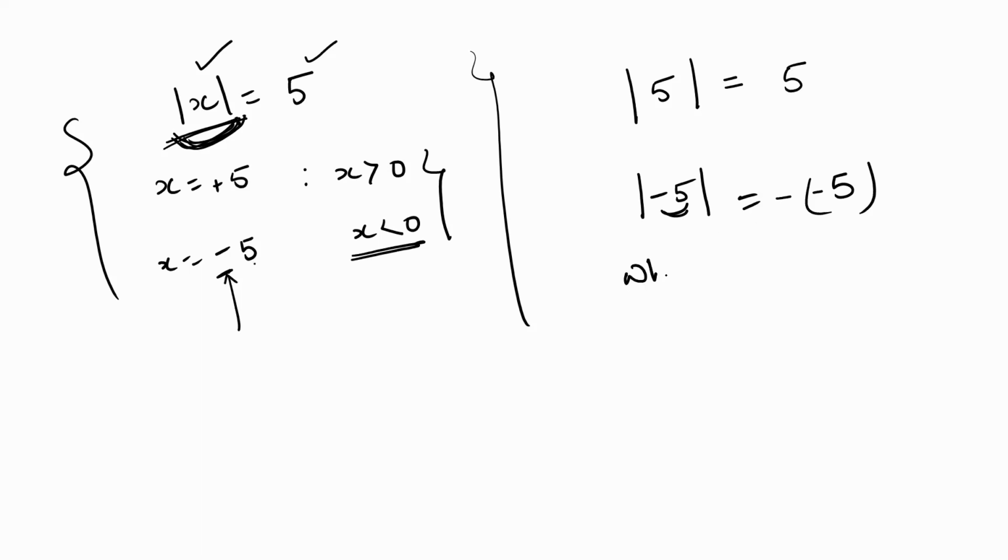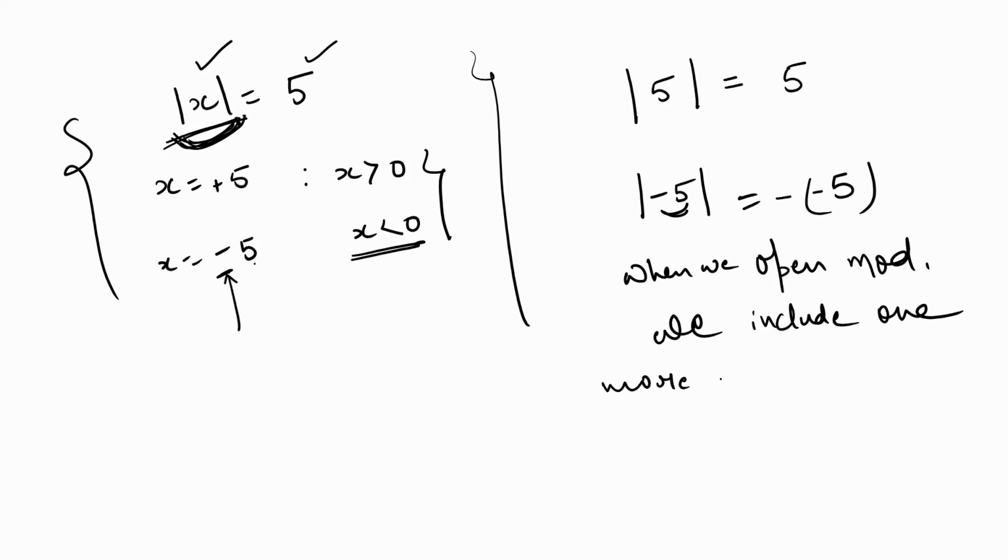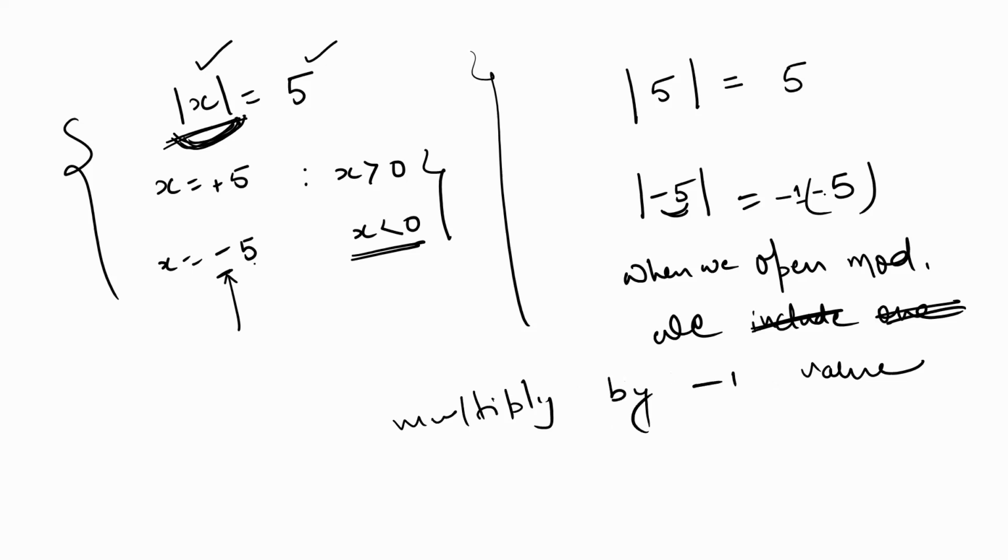So when we open mod, we include one more negative value, or basically we multiply by -1, because what is this, this is basically -1 into -5, right. So this is your 5. So this is basically the concept.